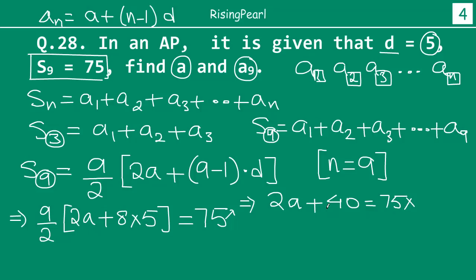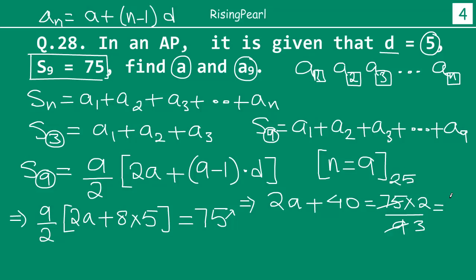times 2 divided by 9, right? When you take the 9 and the 2 to the other side of the equality, the 2 is multiplied and 9 is divided. Or in other words, 3 3s are 9 and 3 25s are 75.